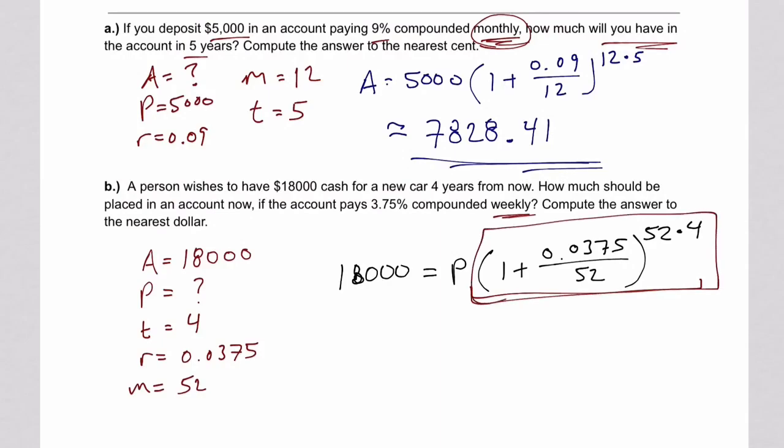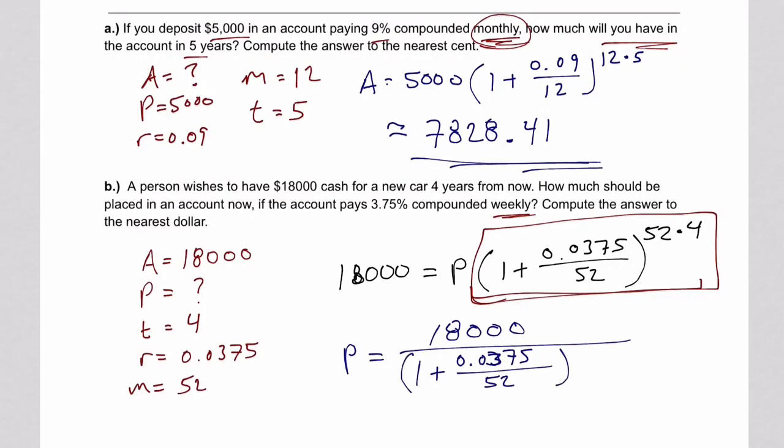So you could find that number and then divide 18,000 by it, or we could rewrite this expression by dividing in advance, and write this as P equals 18,000 divided by 1 plus 0.0375 divided by 52, all of that in parentheses, and raised to the 52 times 4. And so this is the calculation that leads to our answer.